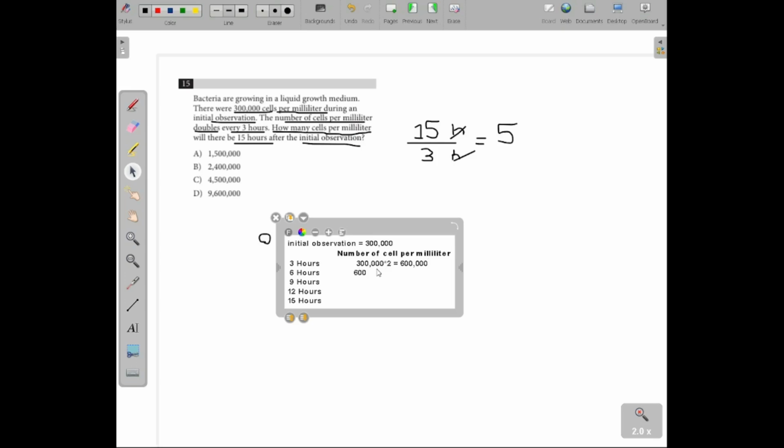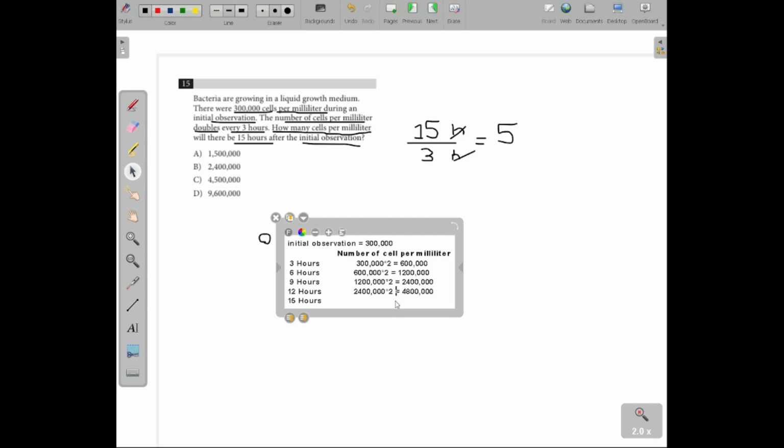The past value, 600,000 times 2, will be 1,200,000, and 9 hours, 1,200,000 times 2 is equal to 2,400,000. 12 hours after will be 2,400,000 times 2, which is equal to 4,800,000.